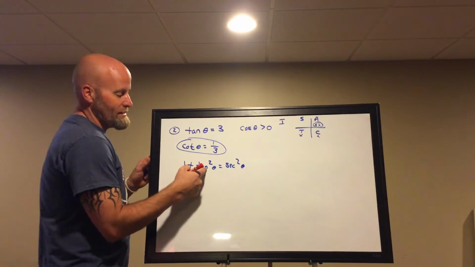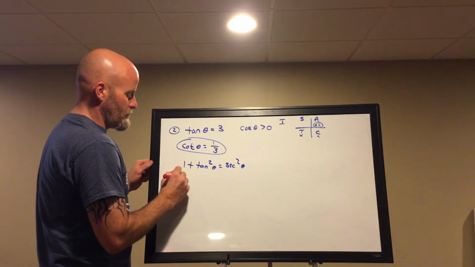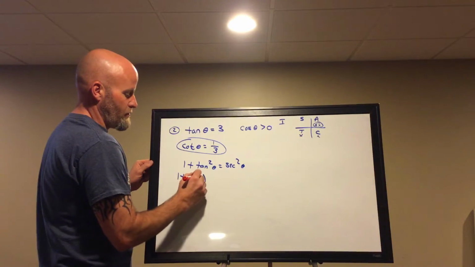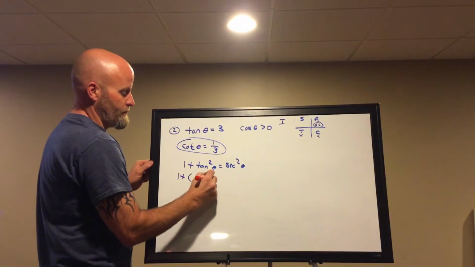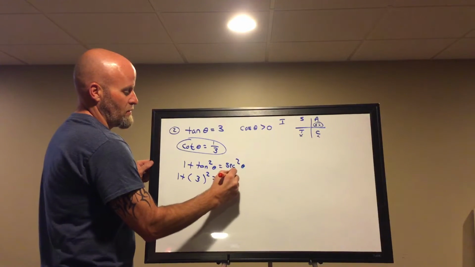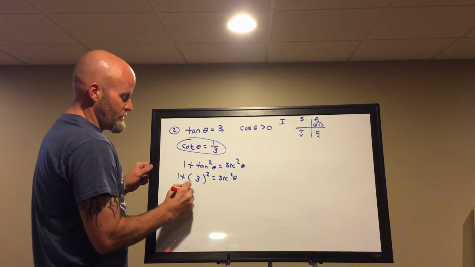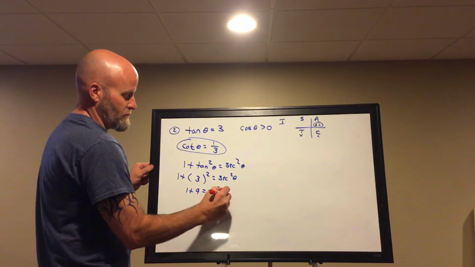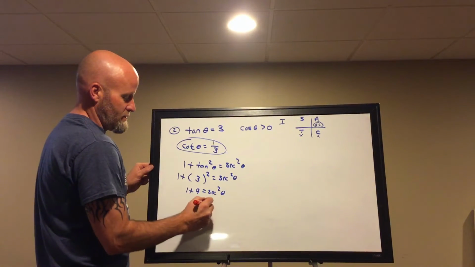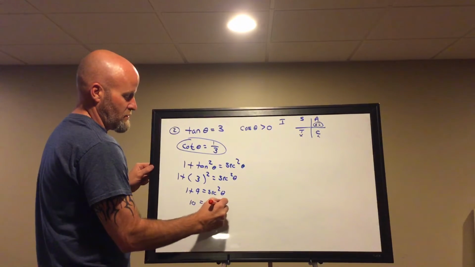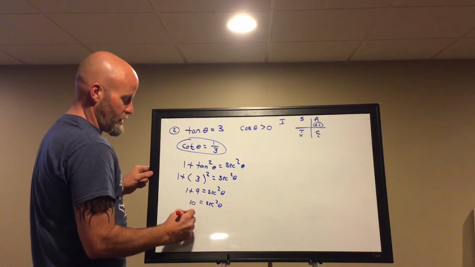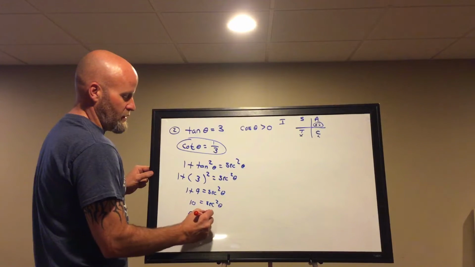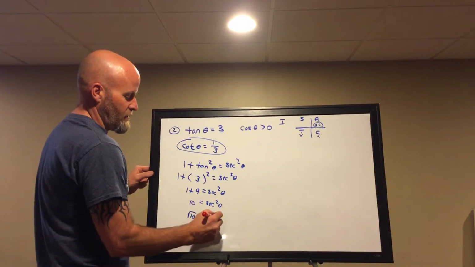I'm going to take out the tangent and we will replace that with 3 from up here. 3 squared is 9. 1 plus 9 is 10. And we're going to square root both sides, so we get the square root of 10 equals secant theta.